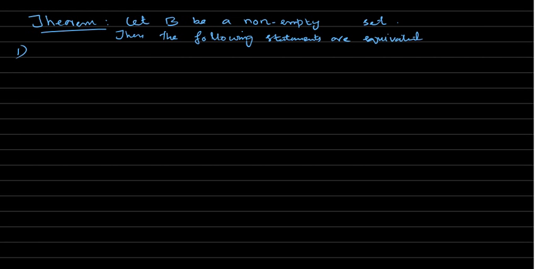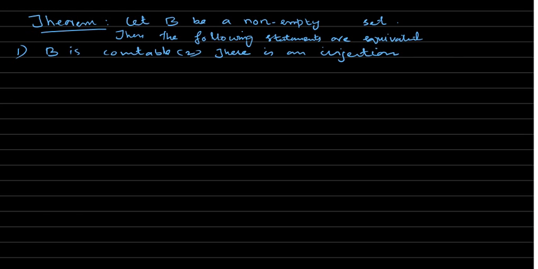The first one is B is countable. The second is there is an injection from B to Z plus. Injection means one-one.